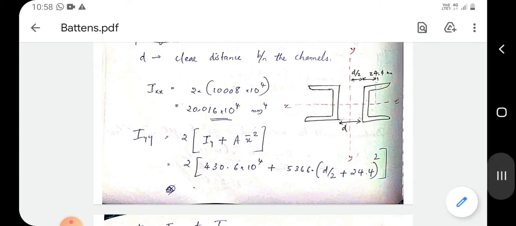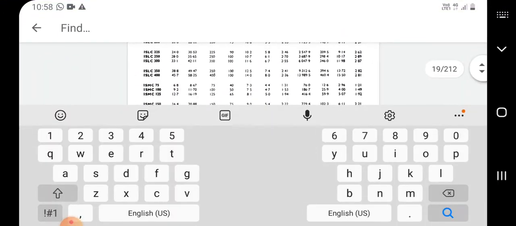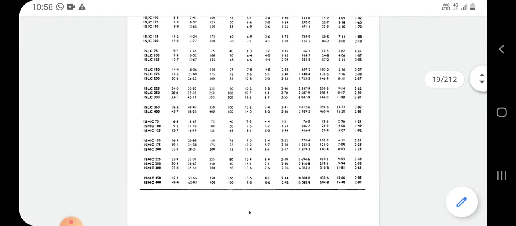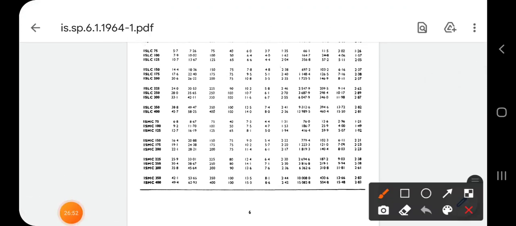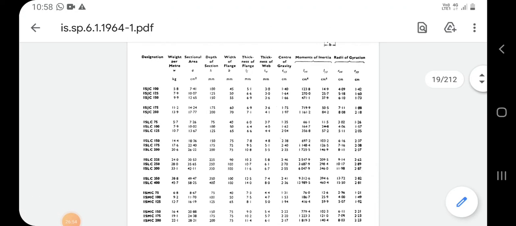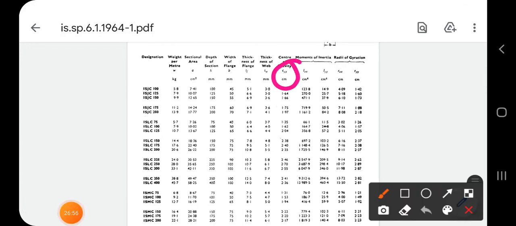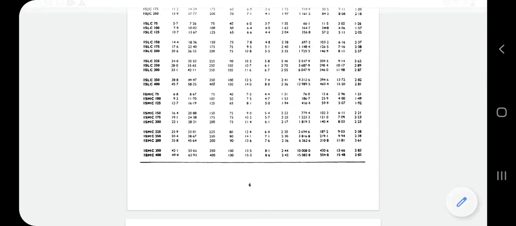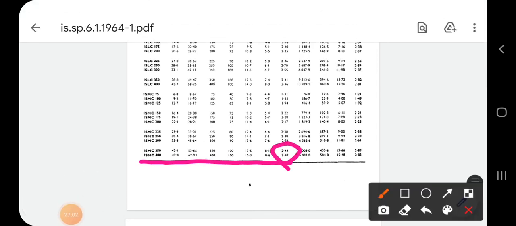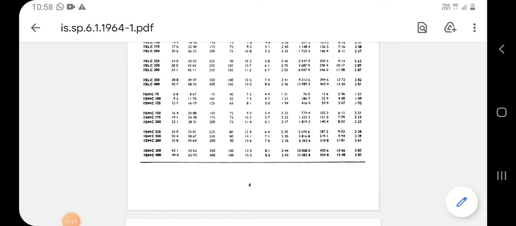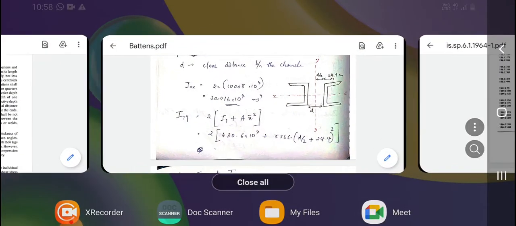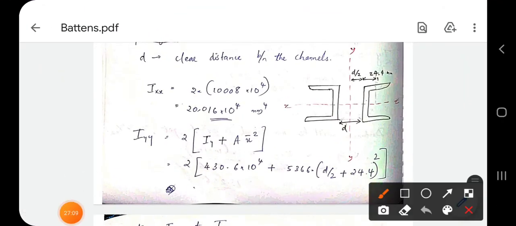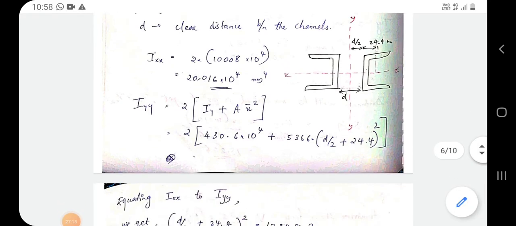The 24.4 we will get from the steel table, for ISMC 350, Cy, the center of gravity about y axis, it is 24.4 mm.